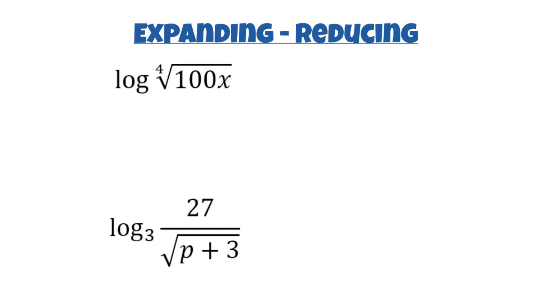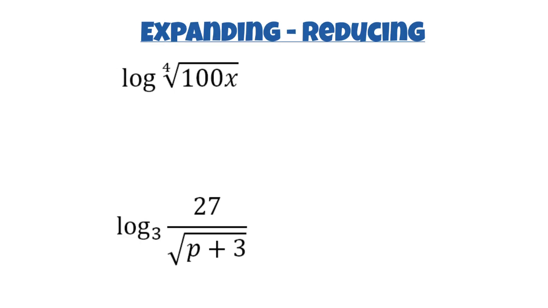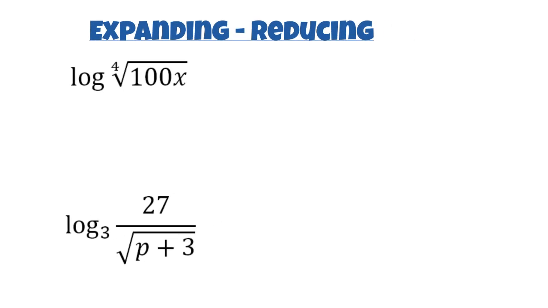Now, the reason for the expanding is to allow us to do some reducing. So now I'm going to introduce that idea of let's expand it and then let's reduce anything that will reduce. So looking at this one, I have a log. So I'm going to scooch this over here. Log.